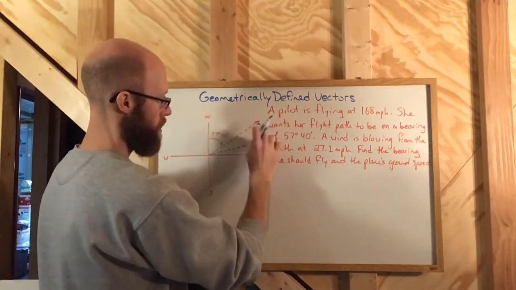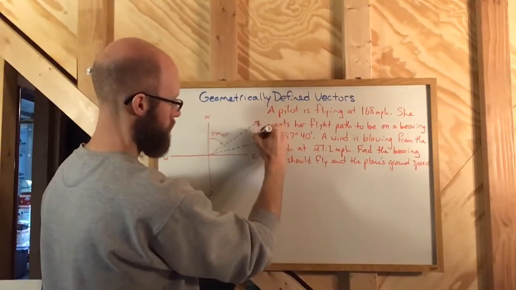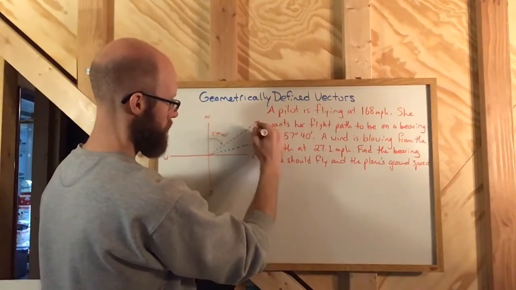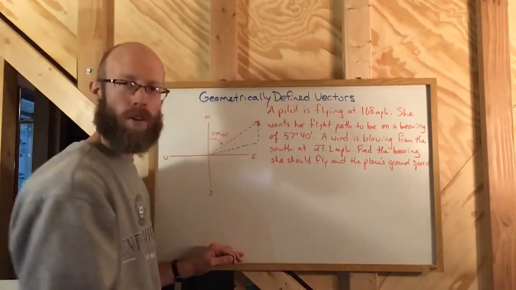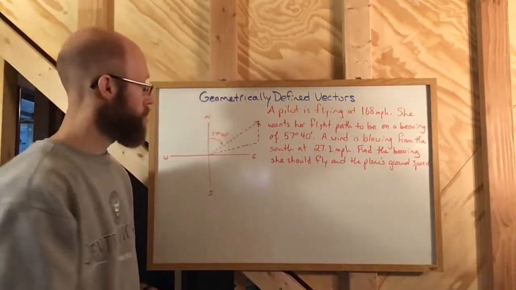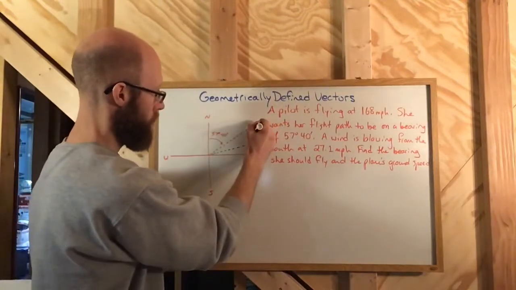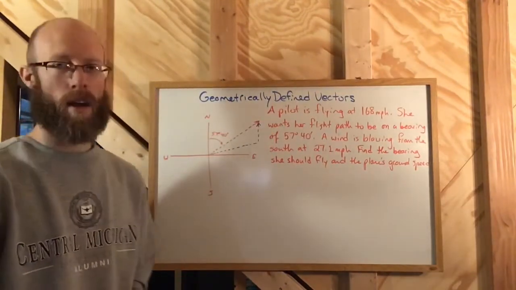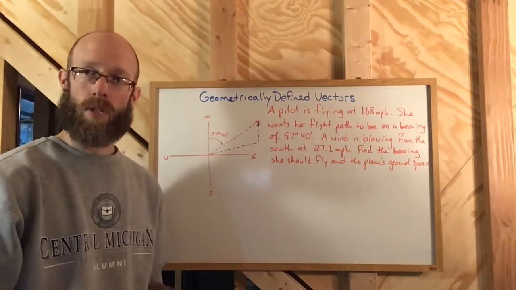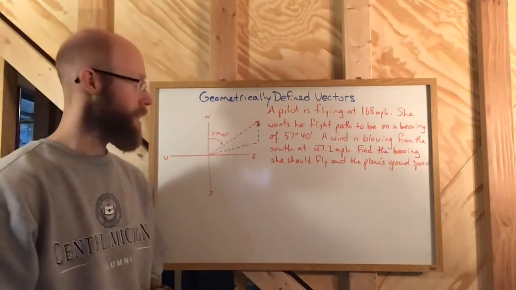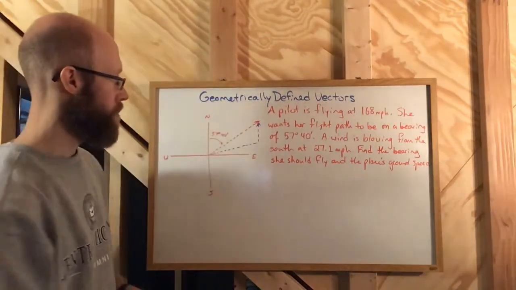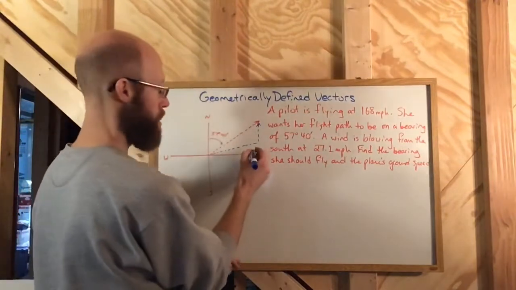Okay, if I can get that drawn nicer. That's not nicer. Okay, something like that. It's going to create a vertical force there on the plane. And so together, those two vectors added up should give us the third final vector of her final bearing.